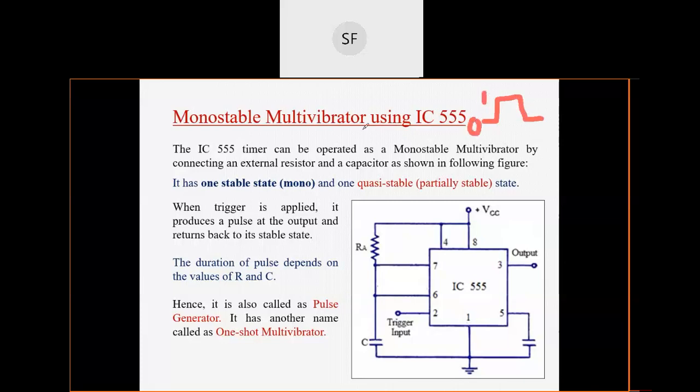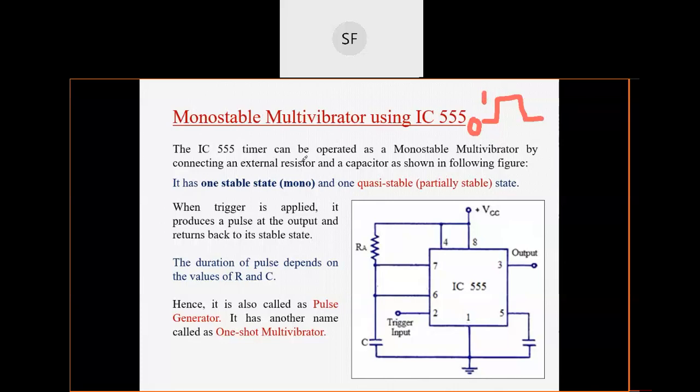So the output of any multivibrator will oscillate between these two, either low state or high state. Out of these two, only one state is stable in monostable multivibrator. We will see how it's working.